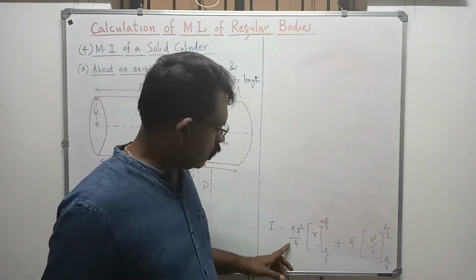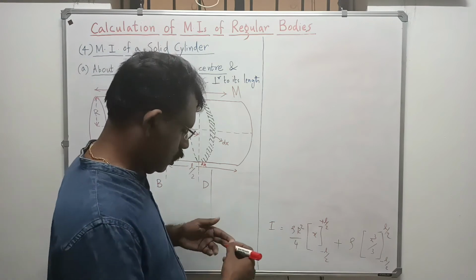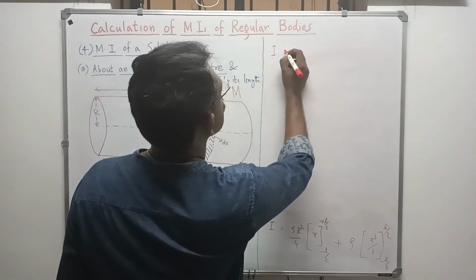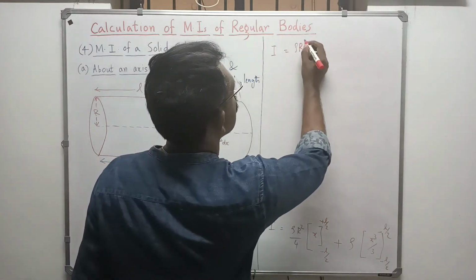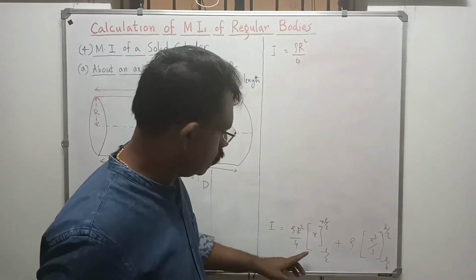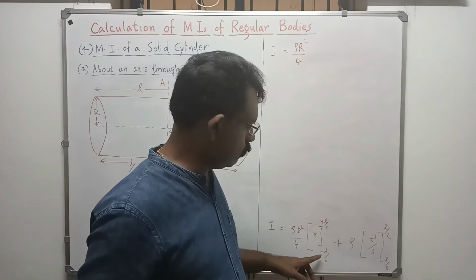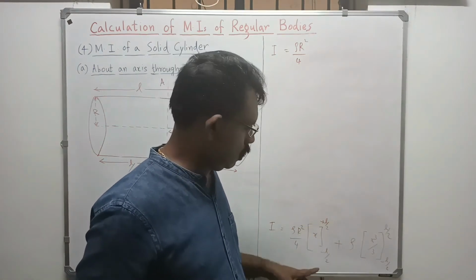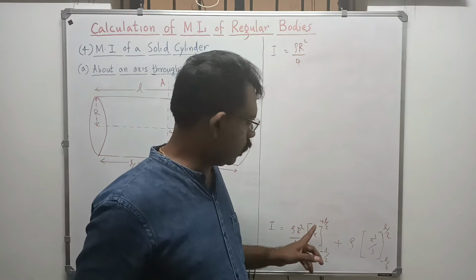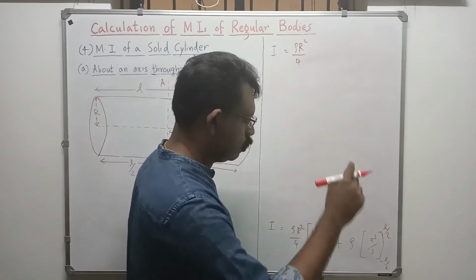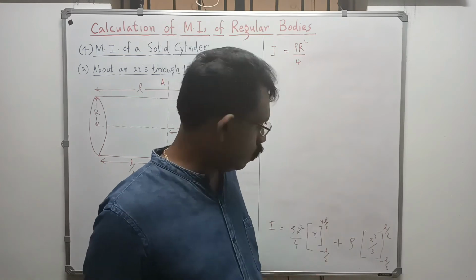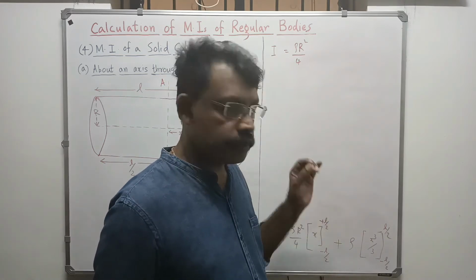So this equation can be rewritten as I is equal to rho r squared by 4, then I am changing the limit from 0 to L by 2 for our easiness, by putting a factor of 2 here.